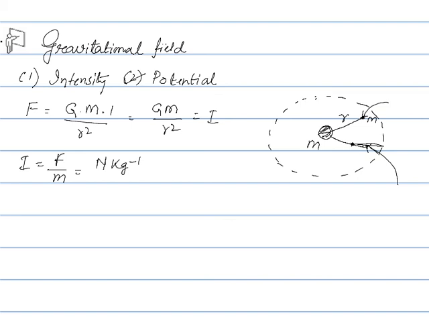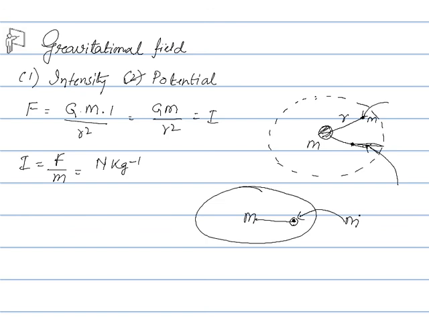So suppose we have a gravitational field of this given mass. Now we want to bring a unit mass from infinity up to this point. Whatever work we do will be stored here. This work is stored in the form of gravitational potential energy.